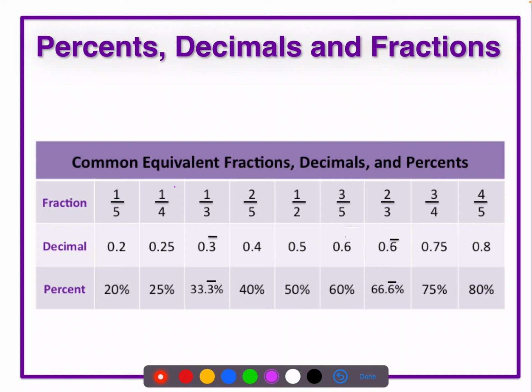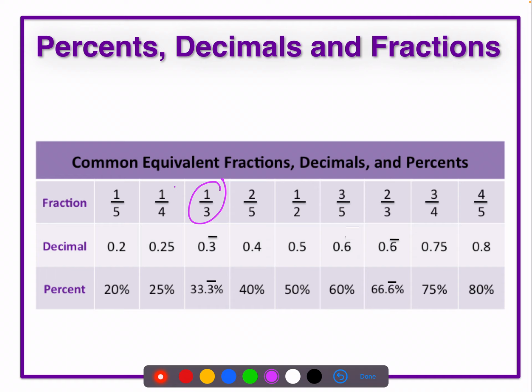And so on. So we have fifths, fourths, thirds. Also 1/3, it's one of the most common. 1/3, the equivalent in decimals is 0.3 repeating. This is very important. And in percent, you write it as 33.3% repeating.